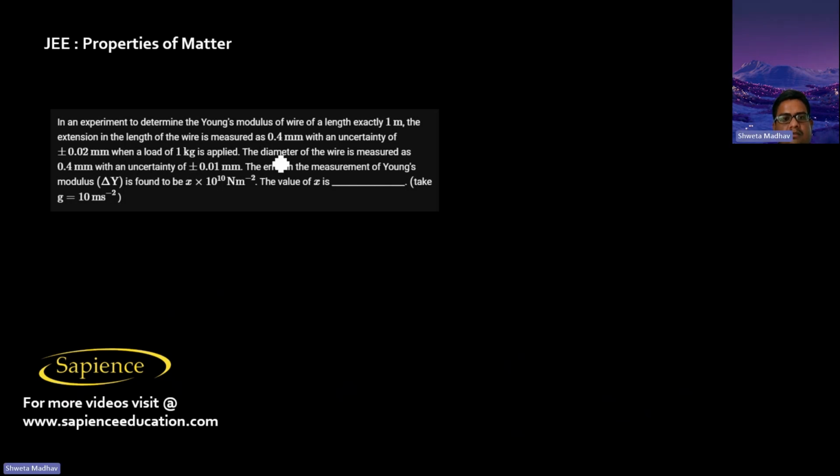The diameter of the wire is measured as 0.4 millimeter with an uncertainty of 0.0001 millimeter. The error in the measurement of Young's modulus is found to be x into 10 power 10 newton per meter square. The value of x is.